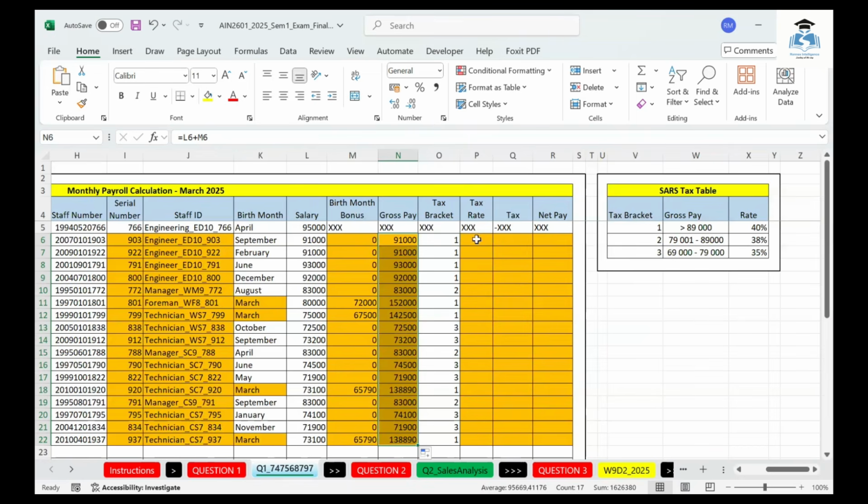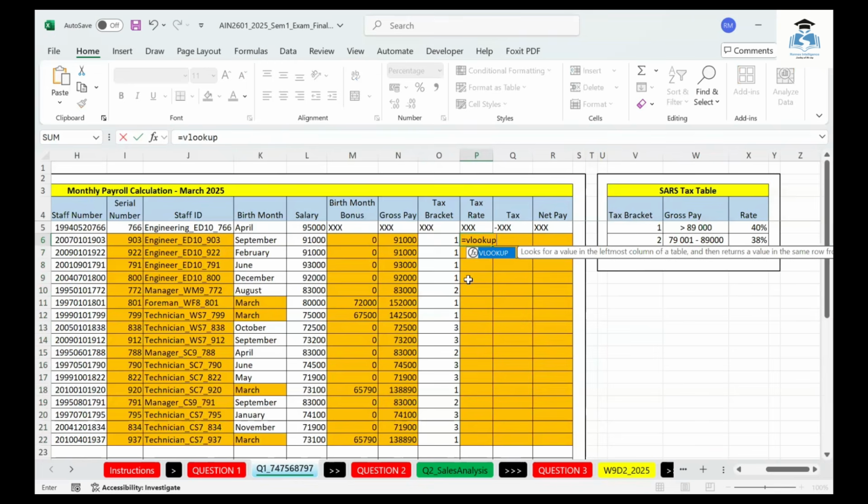Okay, so now we are saying is equal to VLOOKUP. Then what's the lookup value that we are looking for? It's the gross pay, which is N6. Remember, we want the tax rate, right? Yes, we want the tax rate.